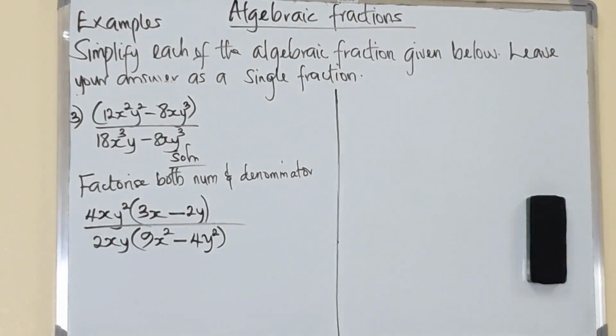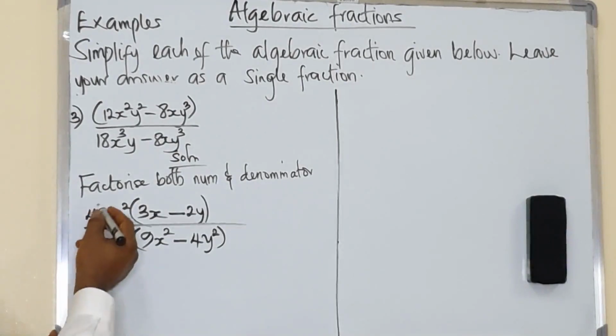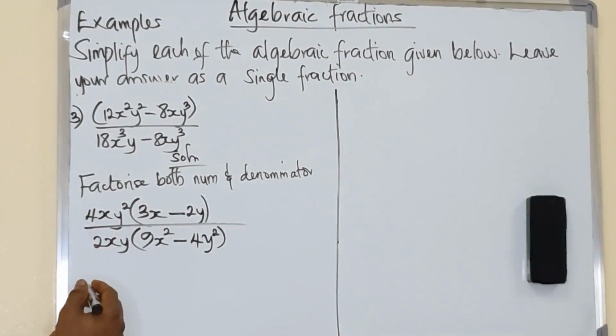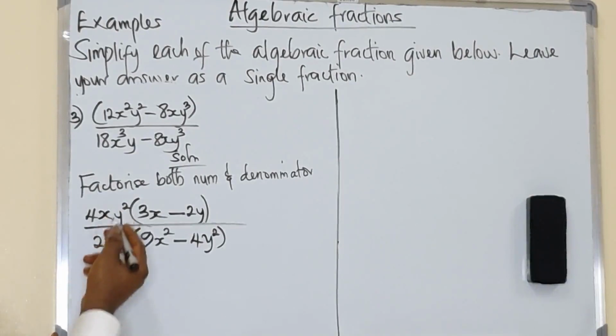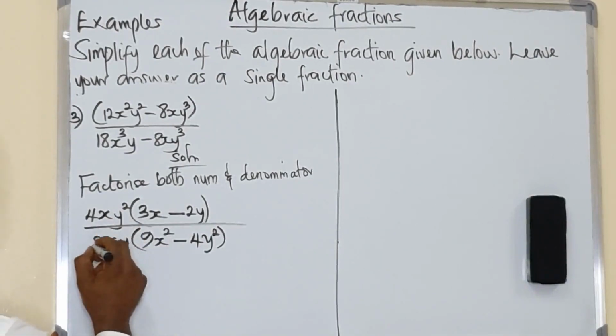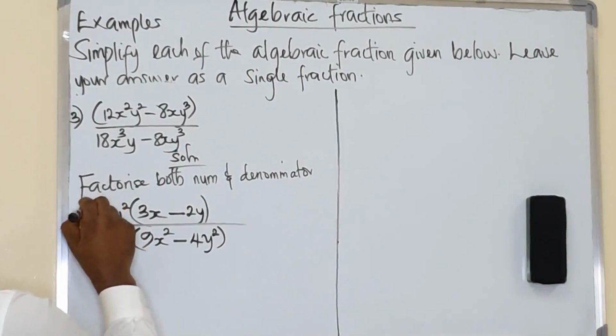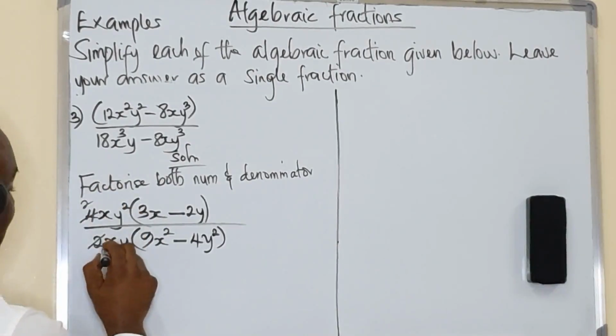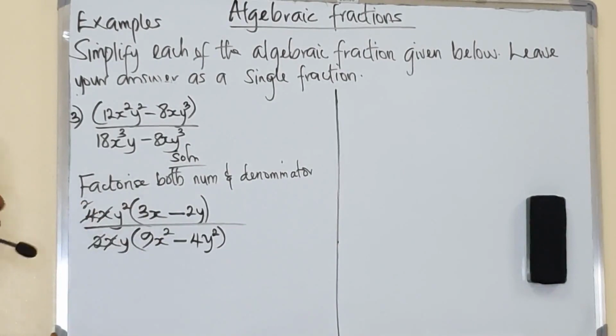Now the next thing we need to do right now is to simplify. And to do that, watch, there are some things we can factor out or cancel out between the numerator and the denominator, which you can see here. 2 at the denominator can cancel out 4 at the numerator, leaving us with 2. And the x at the denominator can easily cancel out the x at the numerator.